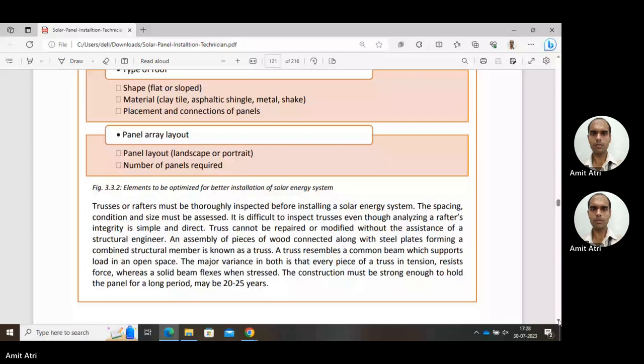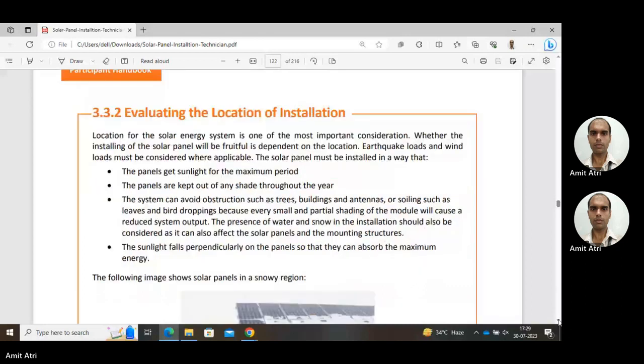The truss or the rafter should be strong enough to hold the panel for long, like 20 to 25 years, because the life of the solar panel is approximately 20 to 25 years. So our supporting structures should be strong enough to support it for this long duration.